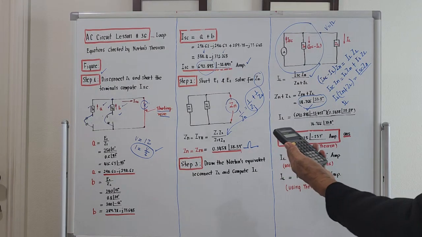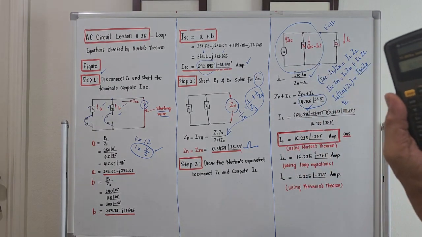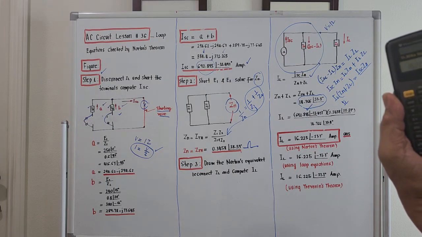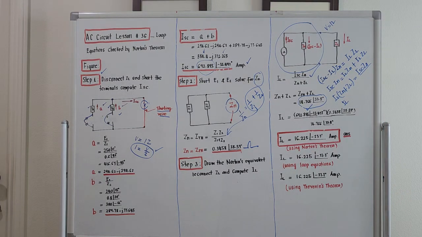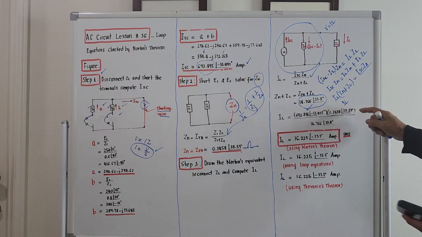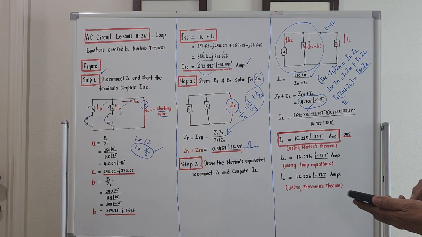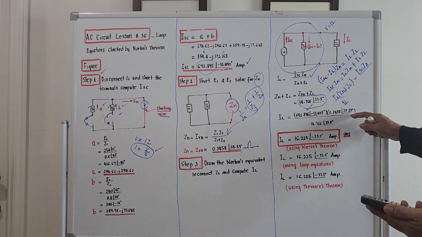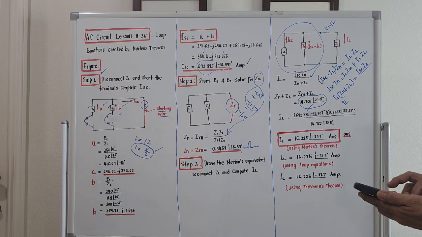The magnitude is 16.225. That's the magnitude. And for the angle, you take the sum of this: negative 32.497 plus 38.59.